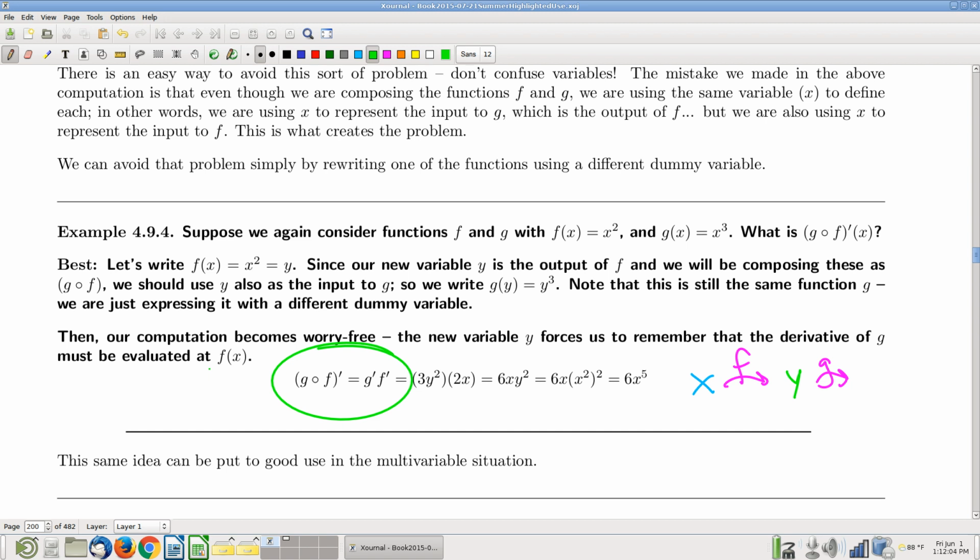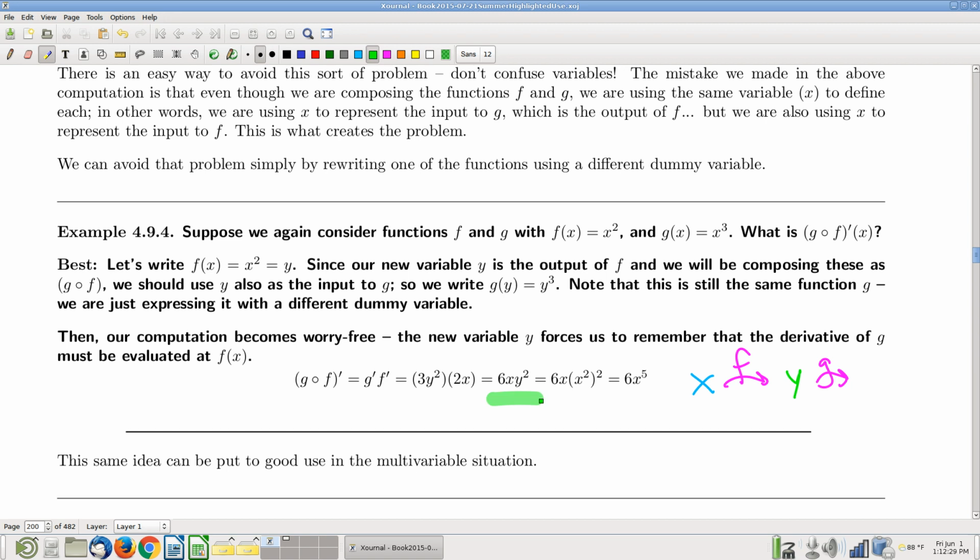Carelessly, carefree. And let's see here. Well, G prime is 3y squared, just taking the derivative. F prime is 2x, taking the derivative. Multiplying, I get 6xy squared.